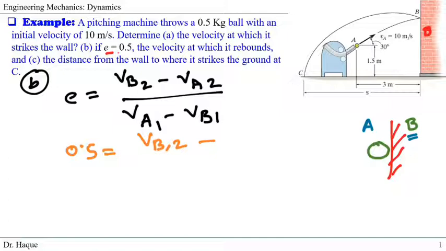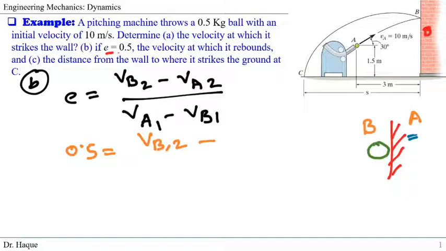Oh, I have to do a correction here, because this would be our A and this would be B. It would be much easier if we assume that. So this would be B. Okay, so VB is the velocity of the ball, and VA is the velocity of the wall.